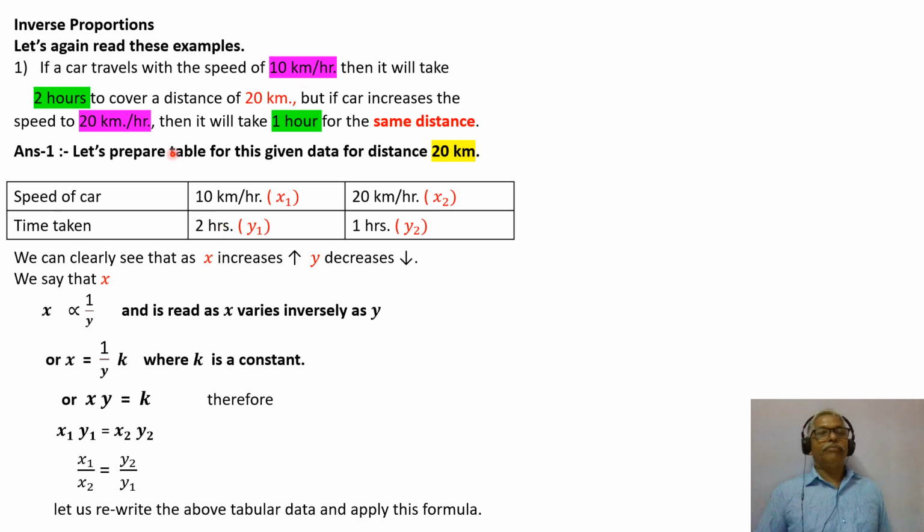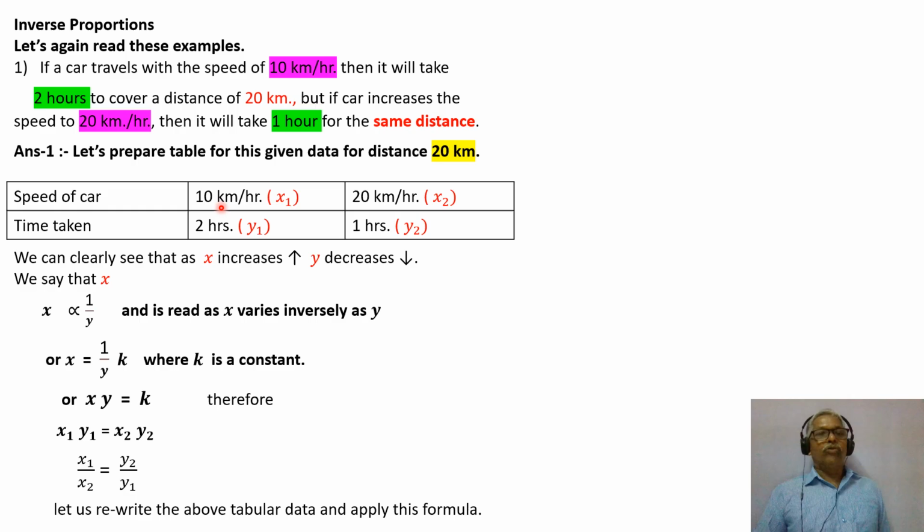When the speed x2 is increased to 20, then the time taken was reduced to 1 hour. Okay, so this is a very simple example to understand. We will try to find out how this is related to the proportion called inverse proportion.